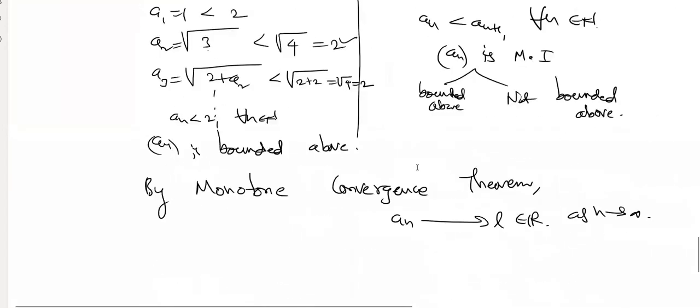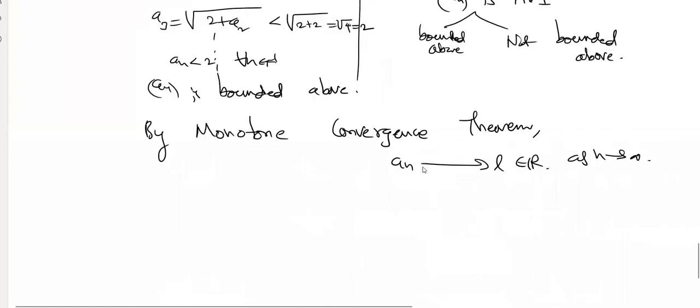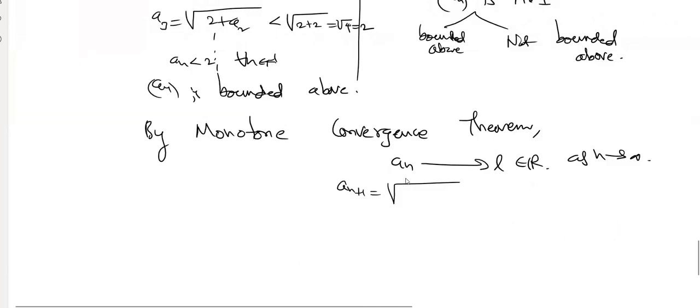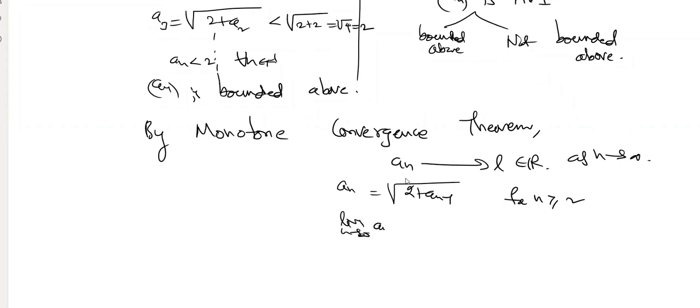Suppose you're asked to compute the limit. So what you do is that you're given a_{n+1} equals root of 2 plus a_n for n bigger than or equal to 2. Again, this is true for every n bigger than or equal to 2. Letting n tend to infinity, the limit of this is equal to the limit of this, which is nothing but L. You know that we'll see later, the root is a continuous function.